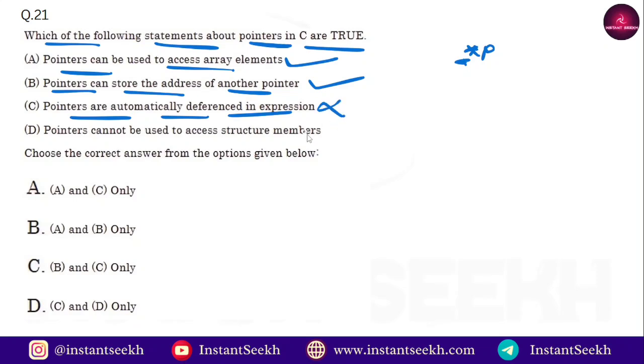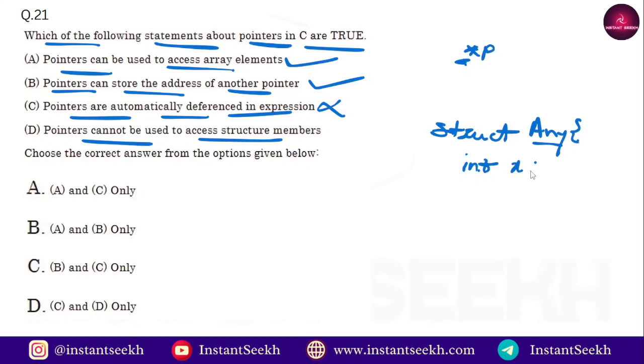So this is wrong. Pointers cannot be used to access structure members. This is also wrong, because pointers can indeed be used to access members of a structure. For example, if you have a structure, any structure with just a name, int x, and your structure ends.